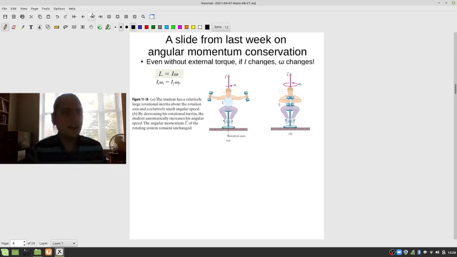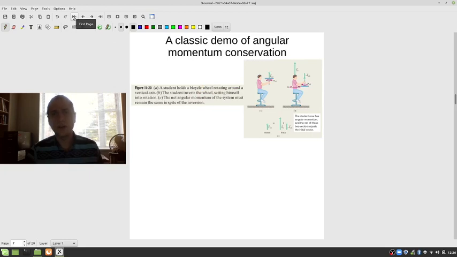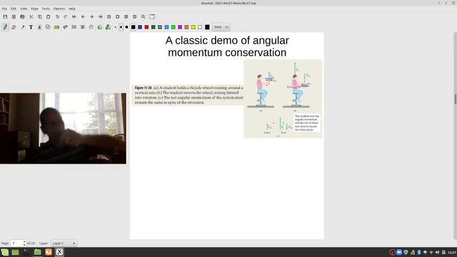So I did this example today in class where I brought in the wheel, and you get it spinning, and you hand it to somebody on a chair like that, and then they turn the wheel, and as they turn it, they start to spin because you have conservation of angular momentum.